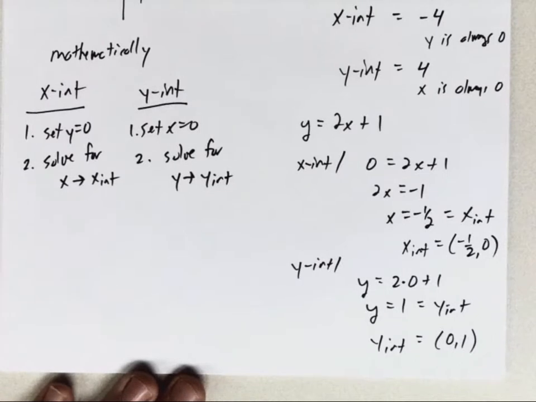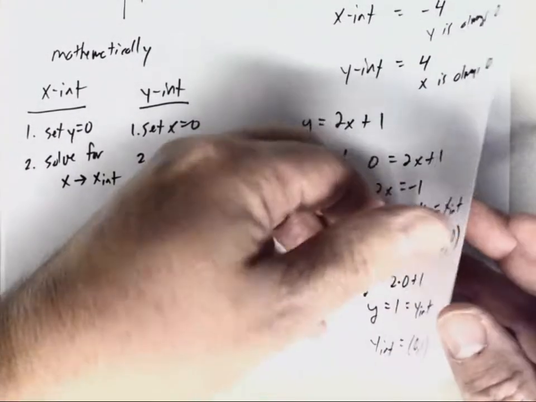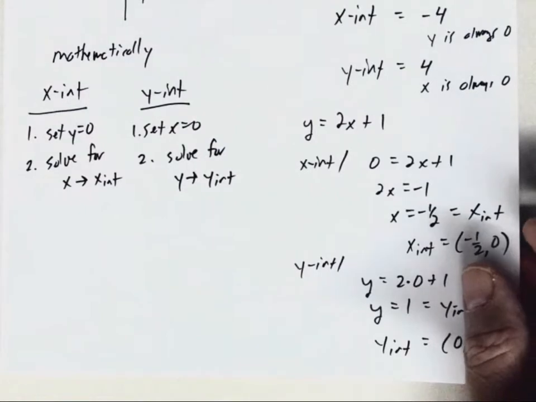Okay, so finding the x and y-intercepts of an equation or a function is pretty simple. Let me just do one more example. It's got one little twist to it.